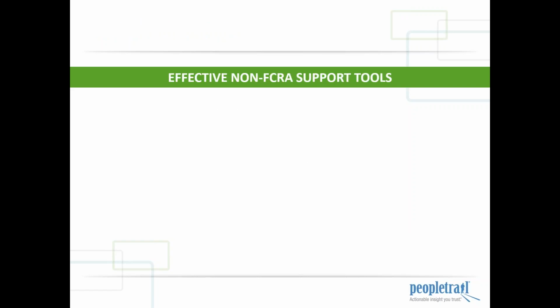So some of the effective non-FCRA support tools I want to go over. I talked a little bit about the Social Security search or person search, where they search for addresses. MVR, again, validates that date of birth, and an interesting story is we had a client that came to us and said, you reported this record on this person, but it's not them. His date of birth doesn't match.